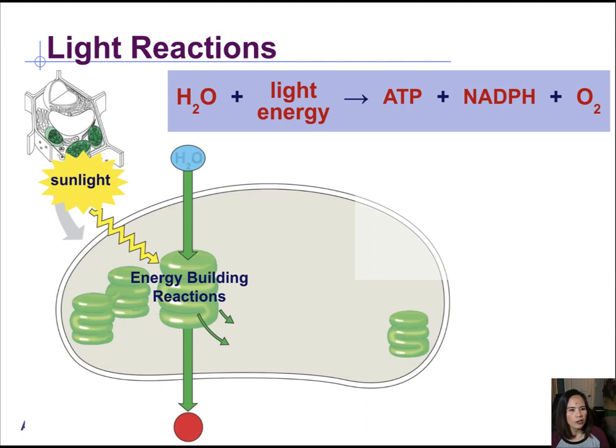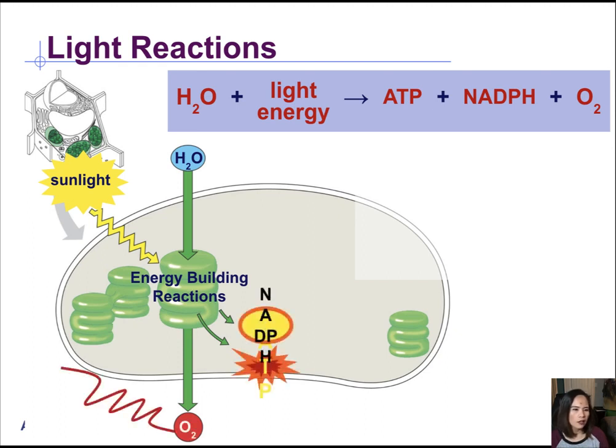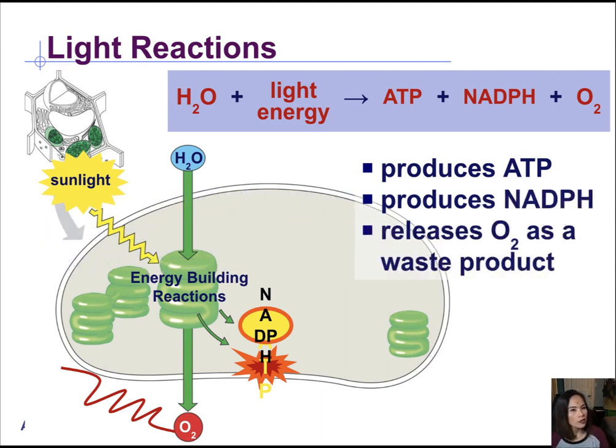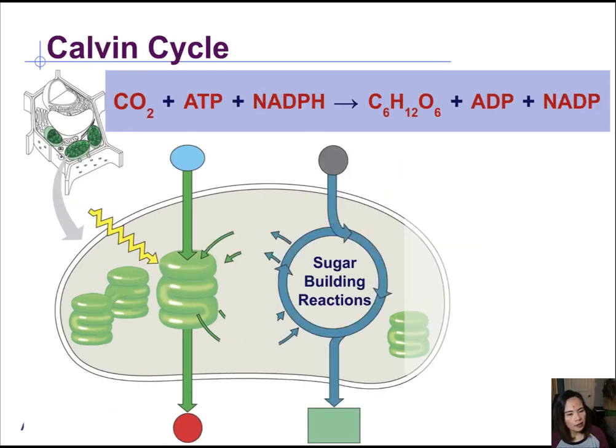And in the light reaction, as you can see over here, when sunlight hits our stroma, our stack of pancakes right here, water drives the electron transport chain, produces ATP and NADPH, and as it produces these two, it releases oxygen as a waste product.